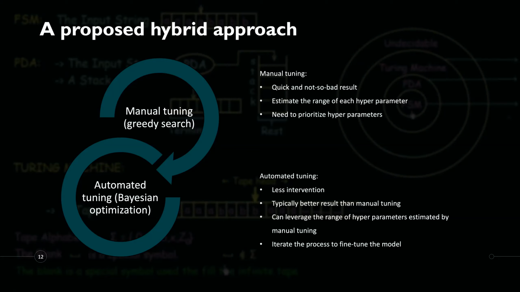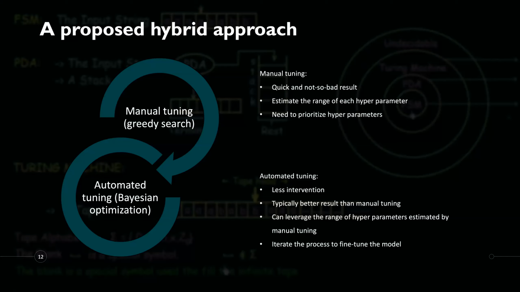We leverage the result from manual tuning and put it into the Bayesian optimization, which makes the process much more efficient, and most of the time gives me a better result than doing Bayesian optimization from scratch without the grid search.